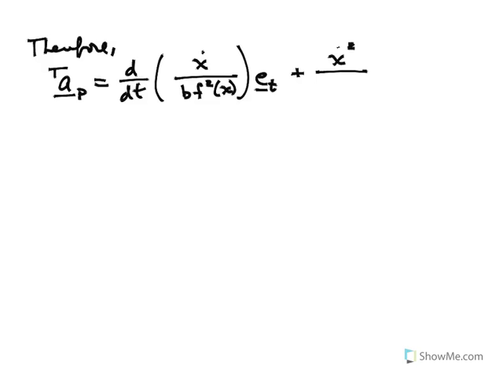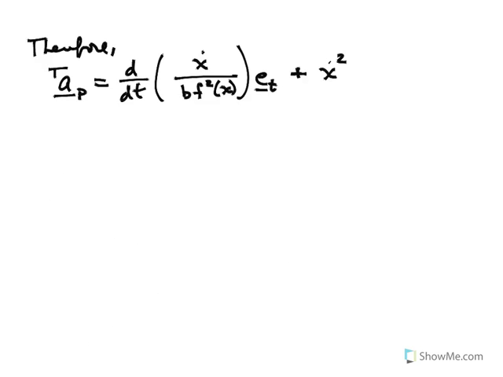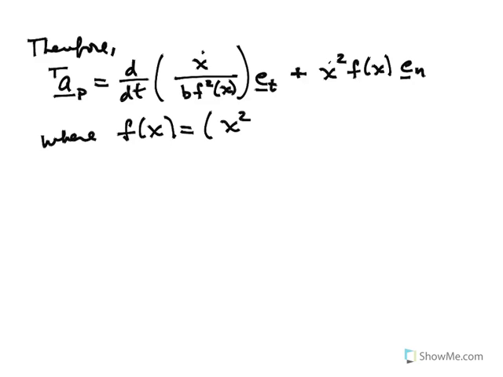Actually, there's no division, it's just multiplication. I get x dot squared times, and you'll see here that I've got f cubed, and then x squared plus b squared is an f to the minus 2, so I just get times f of x times e sub n, where f of x was, as we wrote earlier, x squared plus b squared to the minus 1/2.